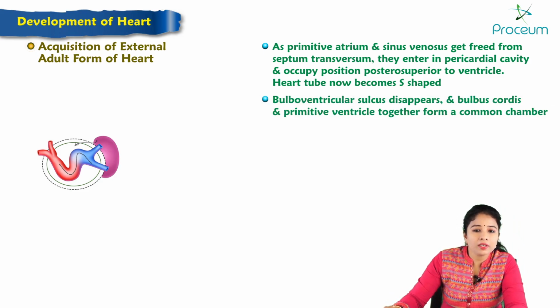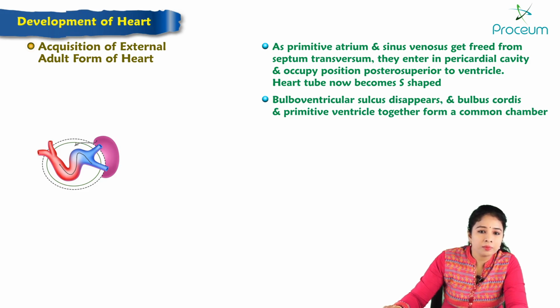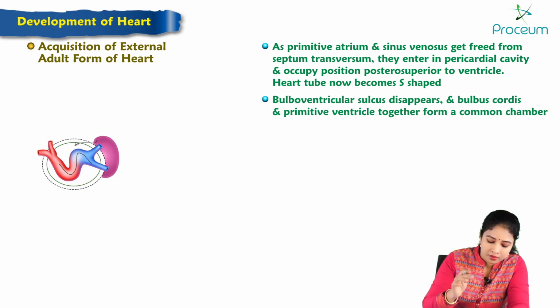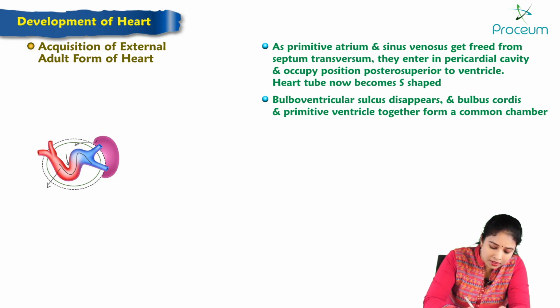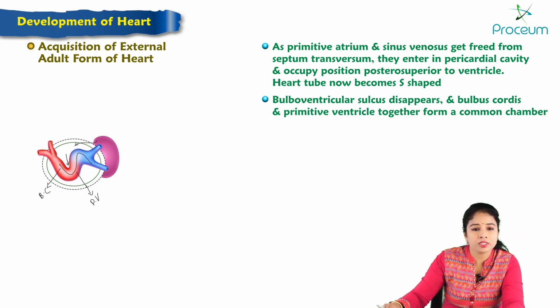Now the bulboventricular sulcus disappears, and the bulbus cordis and primitive ventricle adhere to form a common chamber. So the sulcus between the bulbus cordis and primitive ventricle disappears, forming a common chamber.